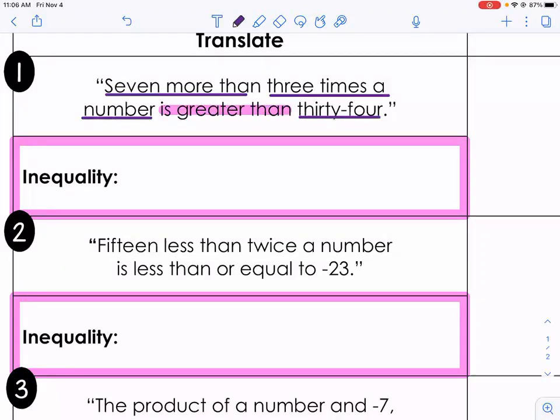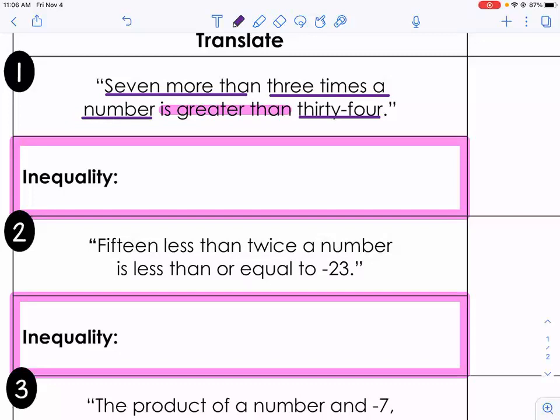Okay, so there's something that I want to point out. Do you see how there's a more than and there is a greater than? What is the one word that makes it different? Is greater than.